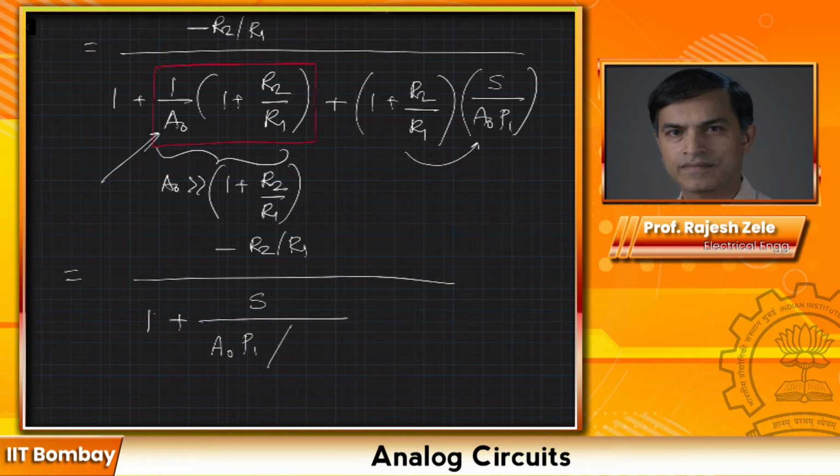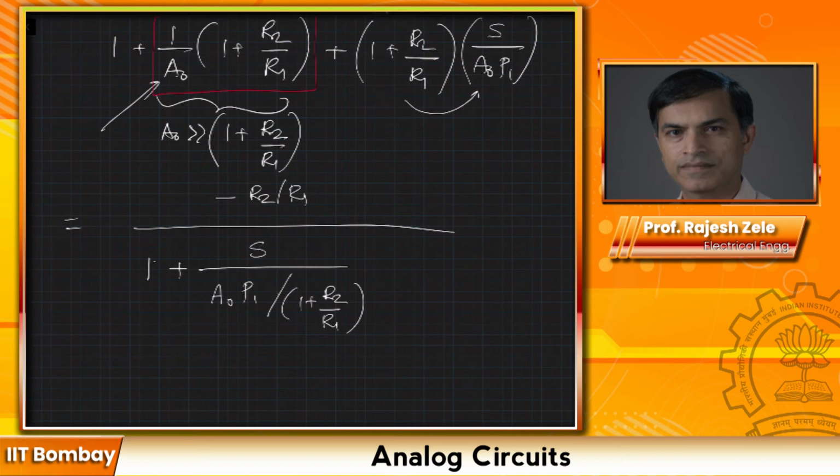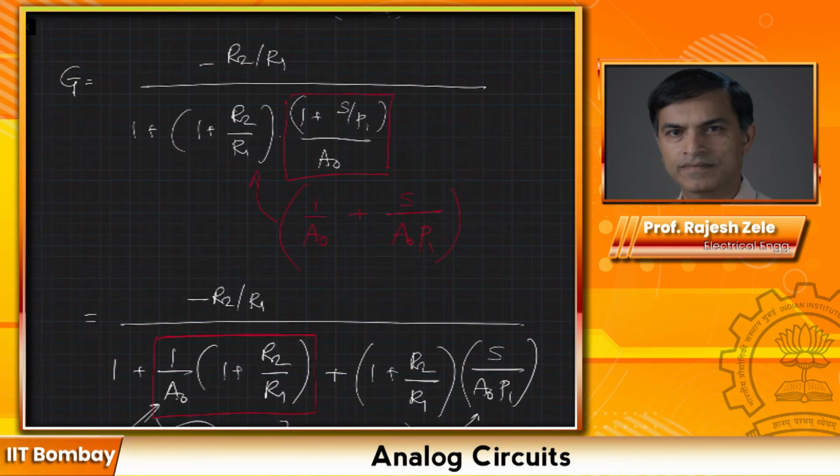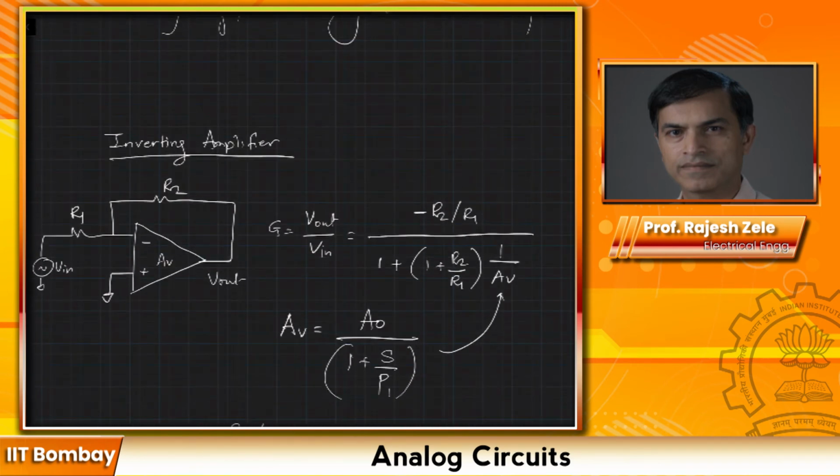So we already looked at this term A0 P1. What is that called? Let me slowly go back to the previous case. A0 P1 is this particular intersection point, which we looked at here.